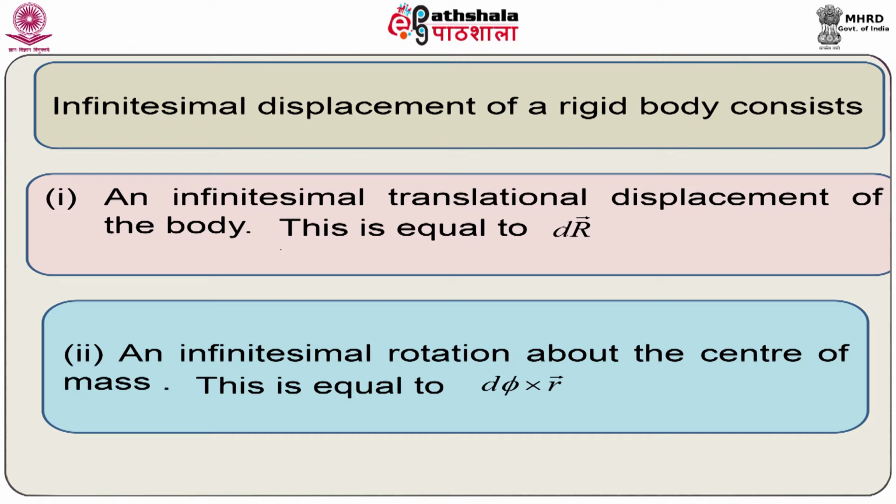Another kind of change is an infinitesimal rotation about the center of mass, whereby the remainder of the body moves to its final position, and this is equal to d phi cross r vector. Thus, we get, using vector triangle law, d small r_O vector equal to d capital R vector plus d phi cross small r vector.